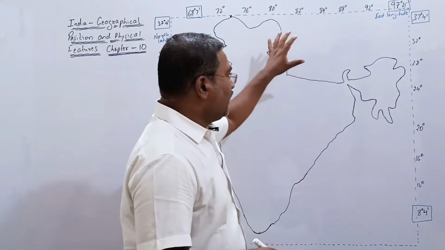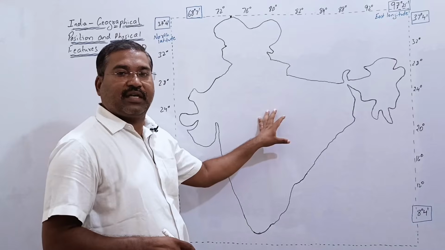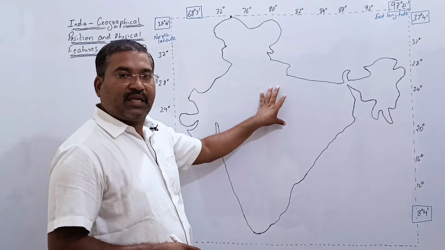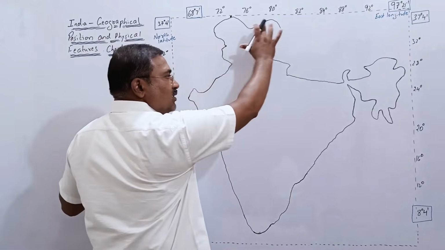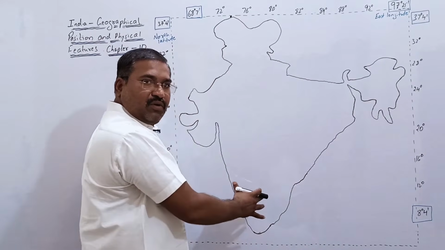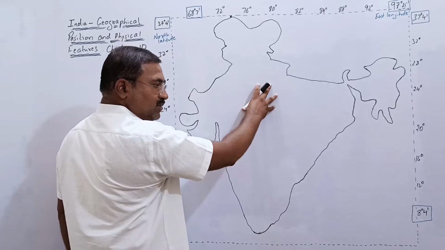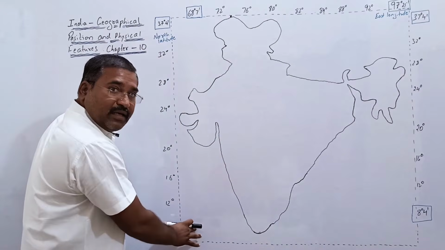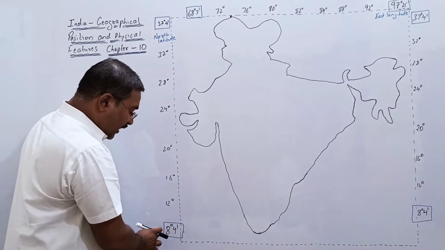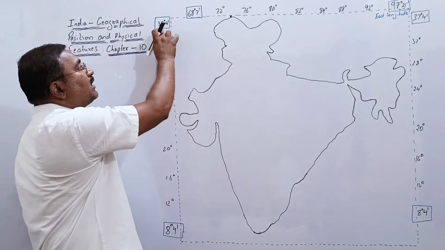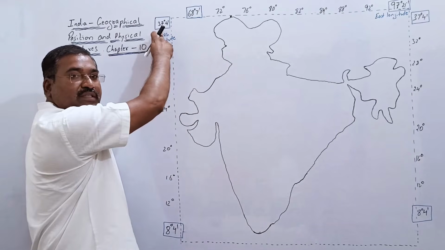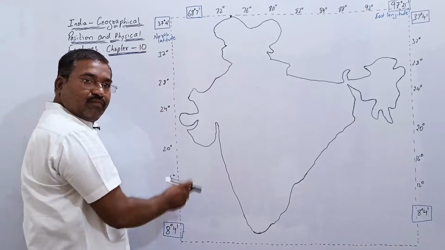So here in this first part, we are going to learn about the latitudinal line as well as the longitudinal line. If we look at our country, we will get to know that India stretches from 8 degree 4 minutes north latitude to 37 degree 4 minutes north latitude.